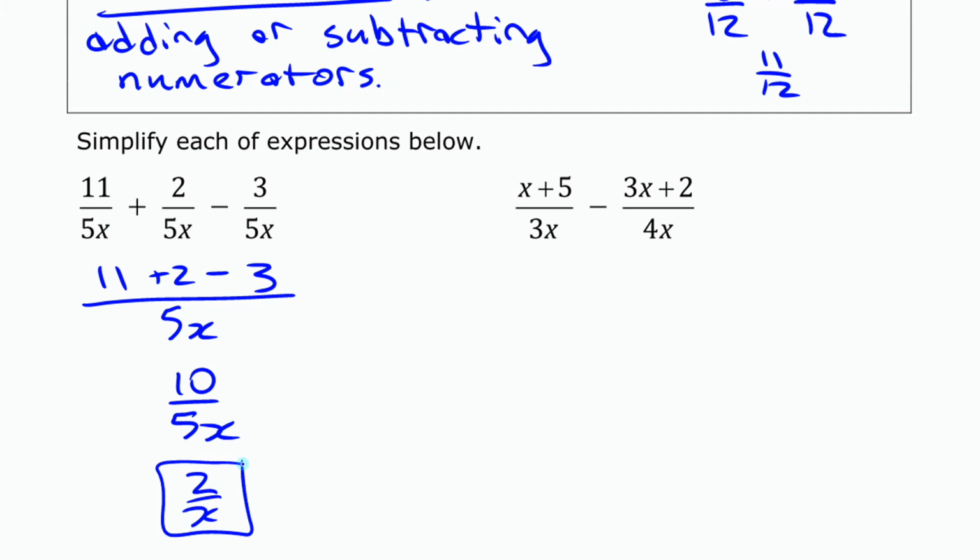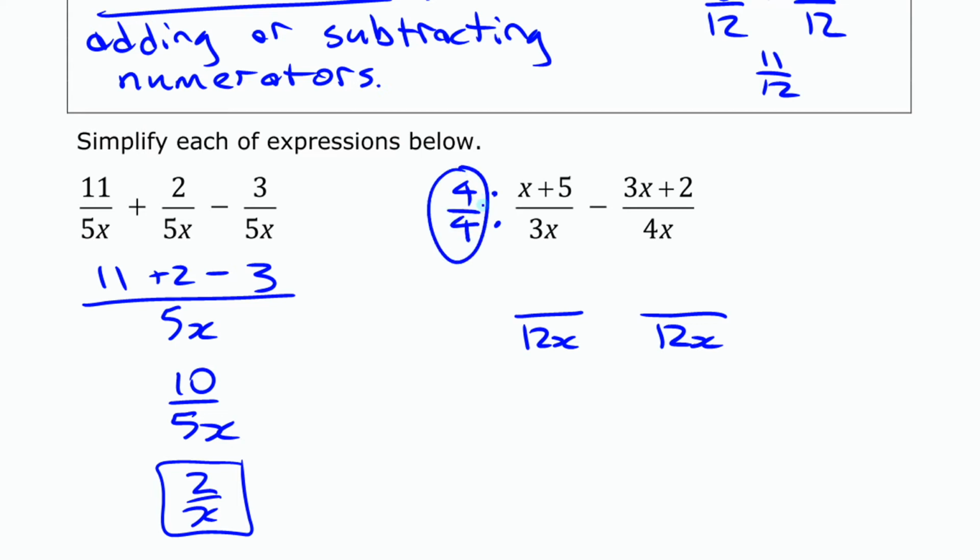All right, let's look at the second one. Now we have different denominators here. We can make them the same if we think about what the common denominator could be. If we have 3x and 4x, the common denominator we could make is 12x, because we could multiply this by 4 over 4.